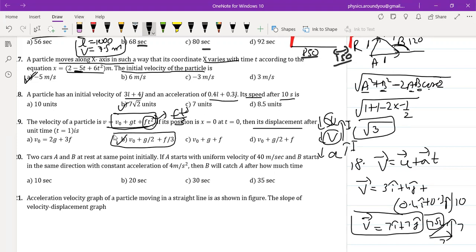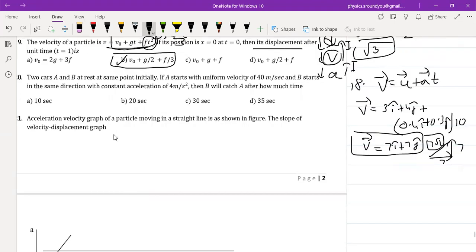Now question number 20. Two cars A and B are at the same point initially. If A starts with so and so, when will the B catch it? Well, whenever two or more bodies are involved, we always use the approach of relative velocity.